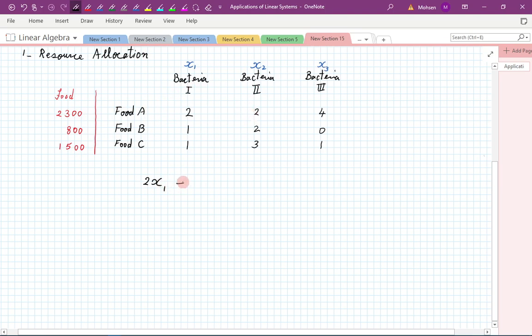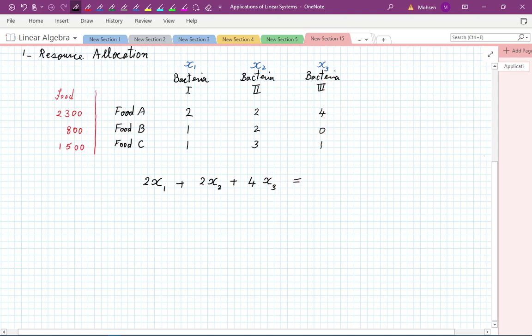This one also is going to consume 2 units of food per unit, so if I have x2 units of this bacteria, it's going to be 2x2 units of food type A. This one eats a lot more. So if I have x3 units of this thing, and each of the petri dishes needs 4 units, then 4x3, that's what these guys are going to eat.